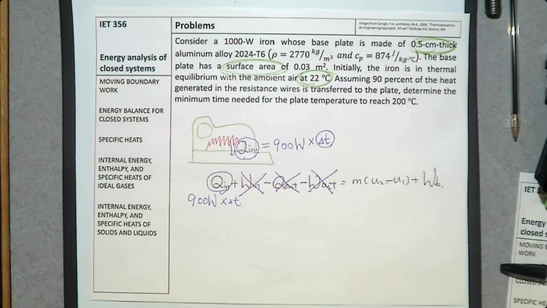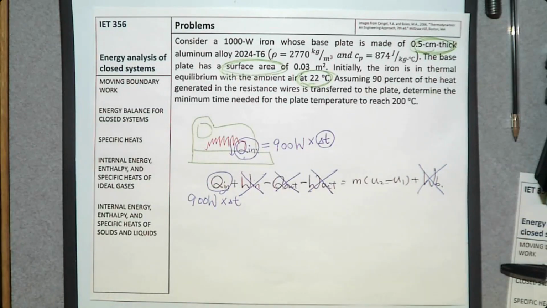No, that doesn't make sense. What is the volume change? Incompressible, right? So there is no volumetric change. What is the moving boundary work? There is no moving boundary work. Since there is no volumetric change, then 900 watt times time is going to be mass times U2 minus U1.